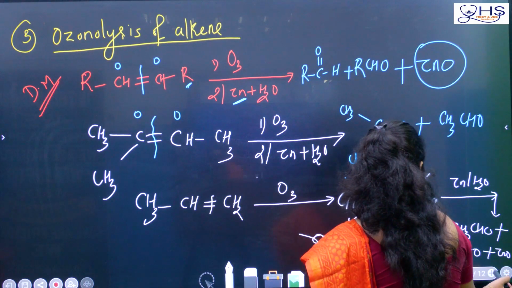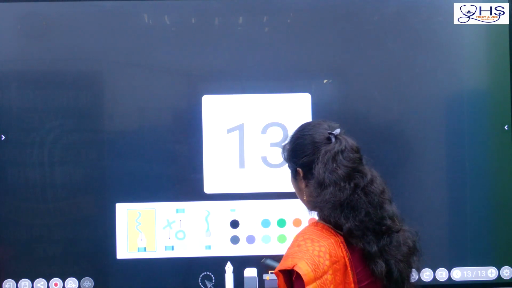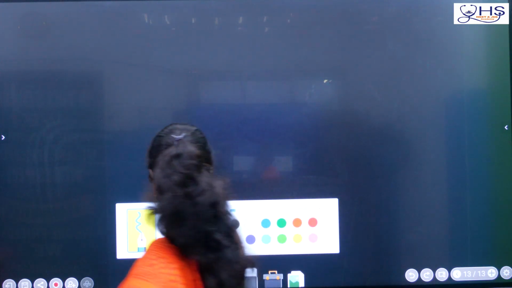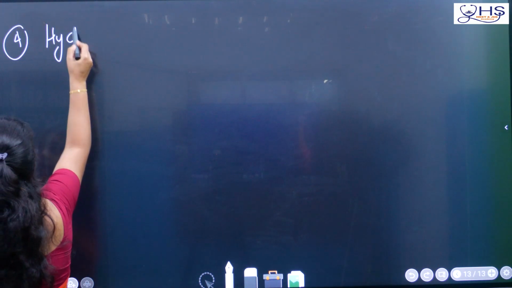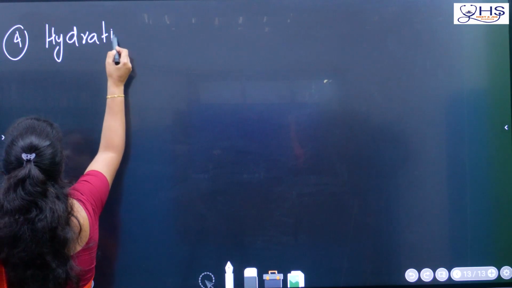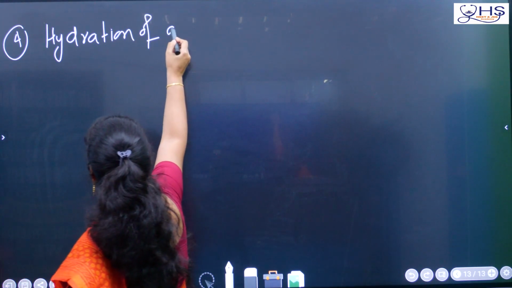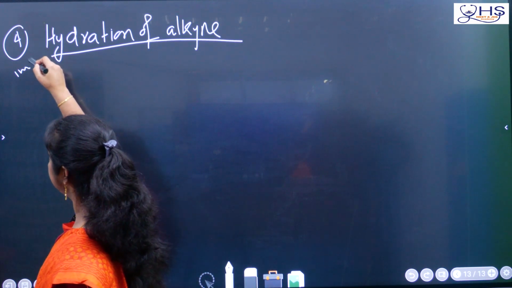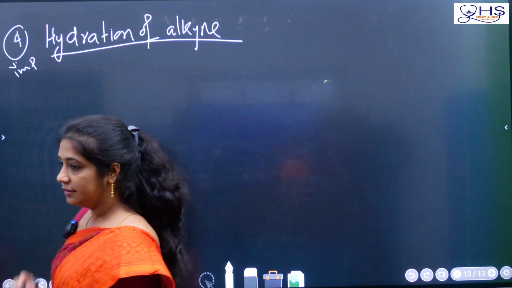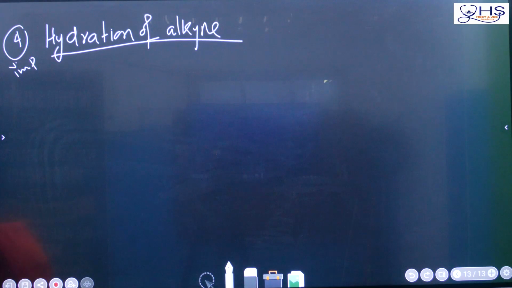We will go for the fourth method, that is hydration of alkyne. Important. Everything is important in CBSE, everywhere. But you have to focus on the parts from which questions are frequently asked.